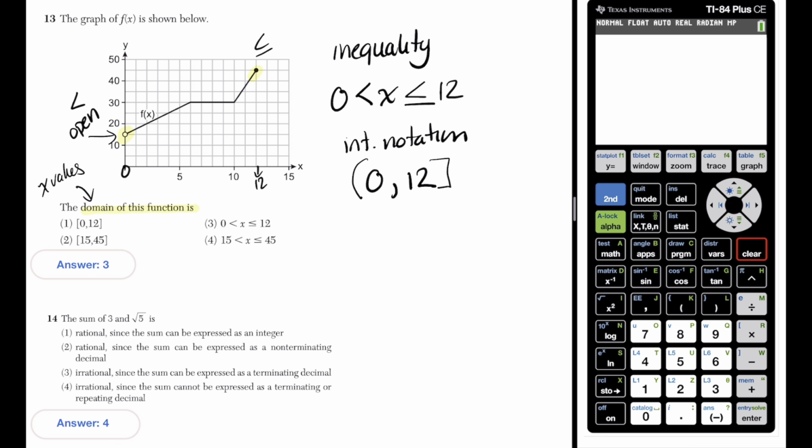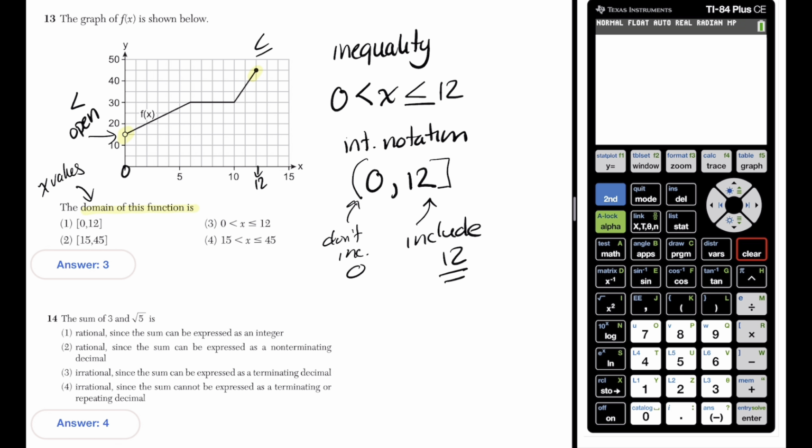So I'm going to use that little bracket there, because this tells me to include the 12. Okay? And I use my parentheses because it's to not include. Oh, I should put don't. Don't include the 0. All right, so those are the two ones that I can use for this answer.